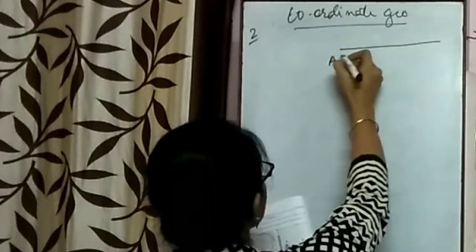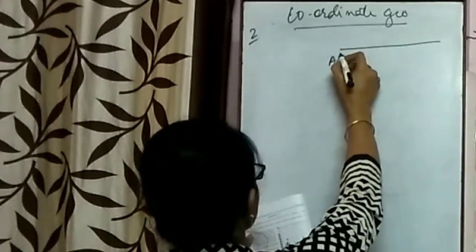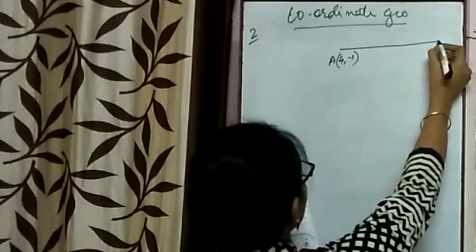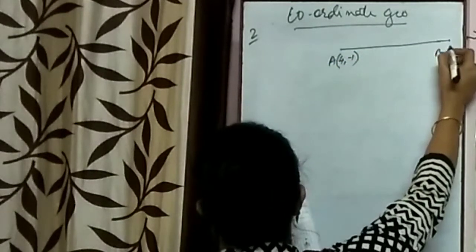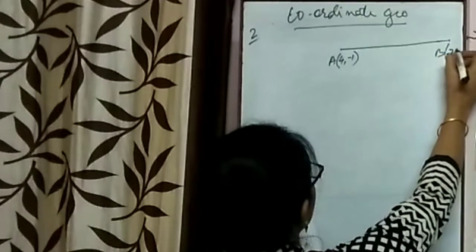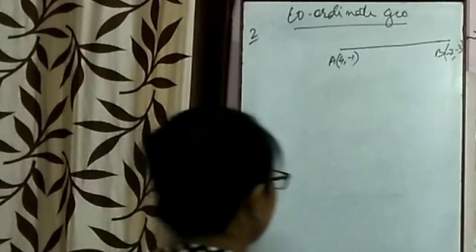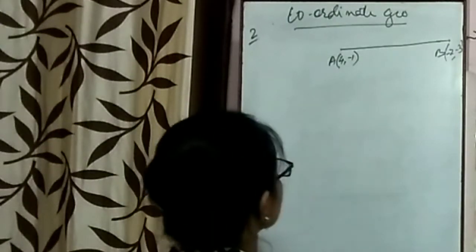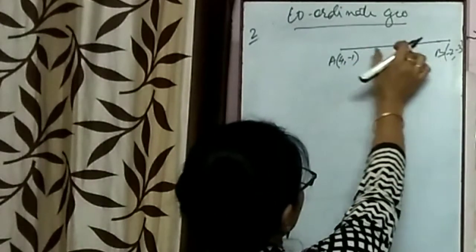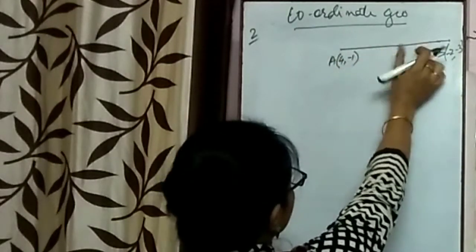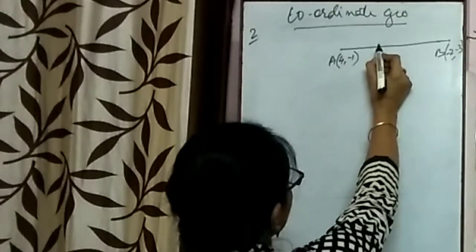Say this point is A. We will name them A and B. The other point is (-2, -3), and it is said that the line is trisected by 2 points. For trisection you must get 3 parts. For getting 3 parts there must be 2 points in the middle.